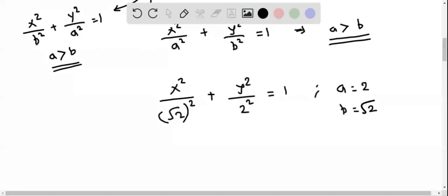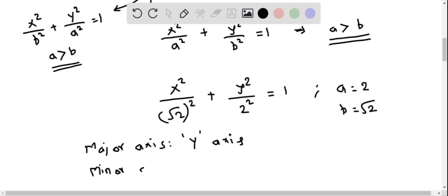This means the major axis is along the y-axis, because a equals 2 is greater than b, that is root 2, and the minor axis is along the x-axis, because this root 2 is under the x.